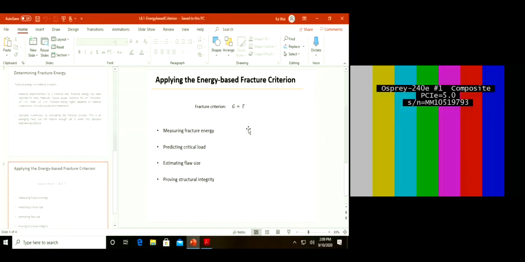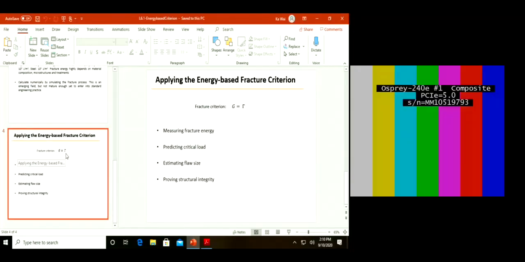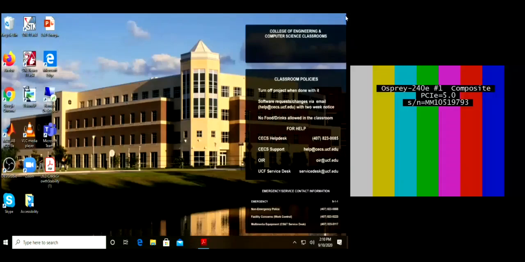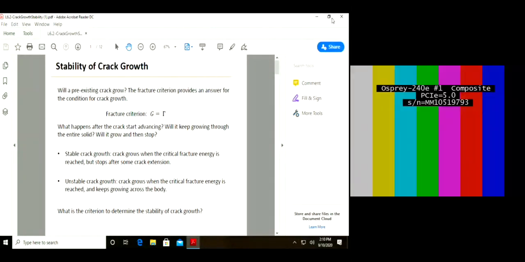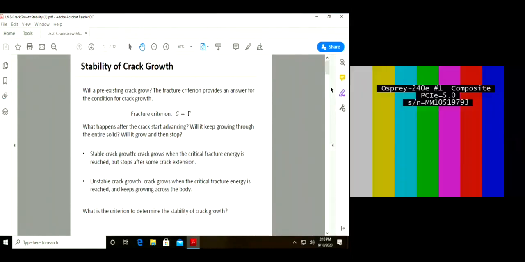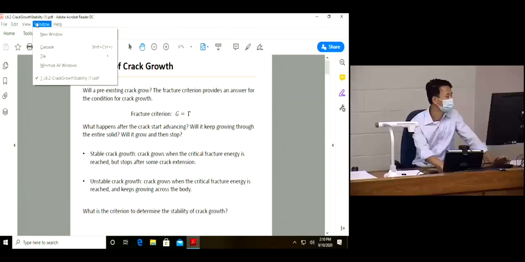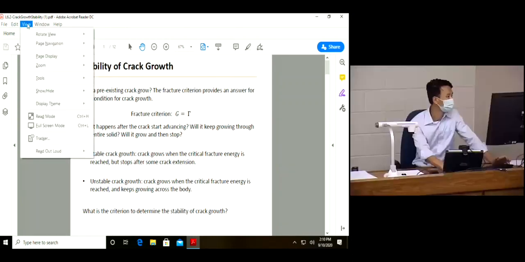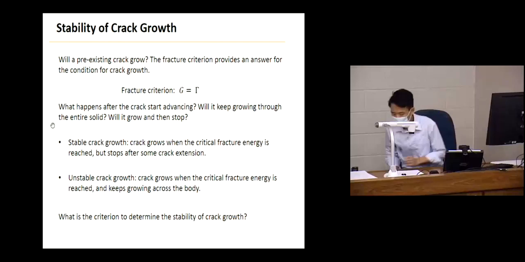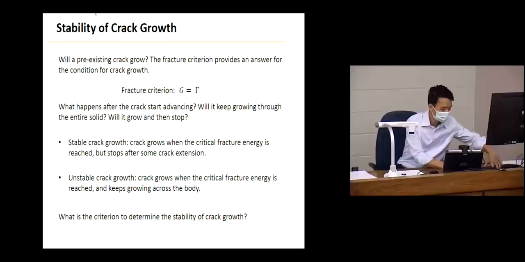So far, the first section of the course is on energy release rate and fracture energy, and that's pretty much done, right?